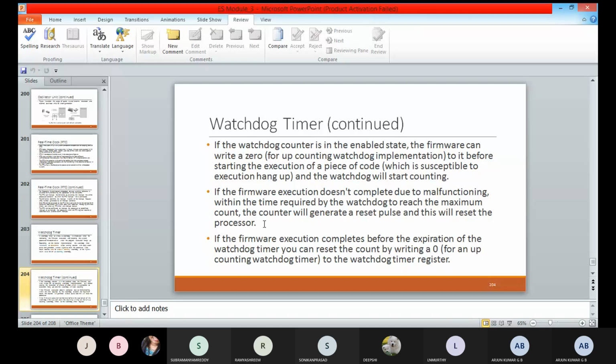Here also it is the same: these flip-flops are used to count up or down, increment and decrement. If the watchdog counter is in another state, the firmware can write 0 for a counting watchdog implementation.